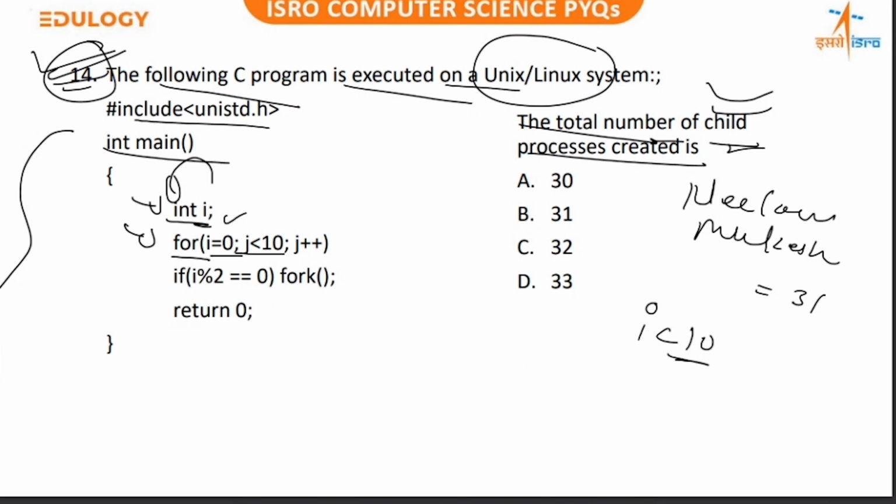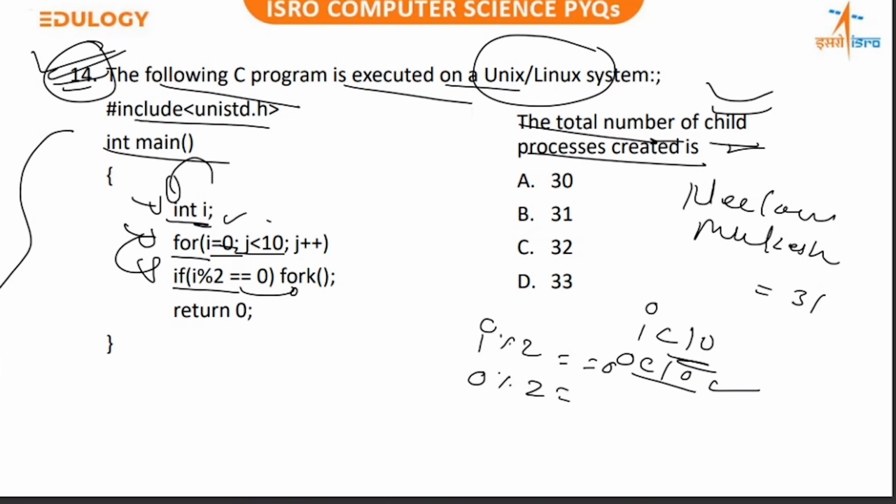So 0 less than 10 is true, and the loop will execute. If i modulo 2 equals 0, then fork will execute, otherwise not. 0 modulo 2 gives 0, so fork will execute. Fork executes here the first time.